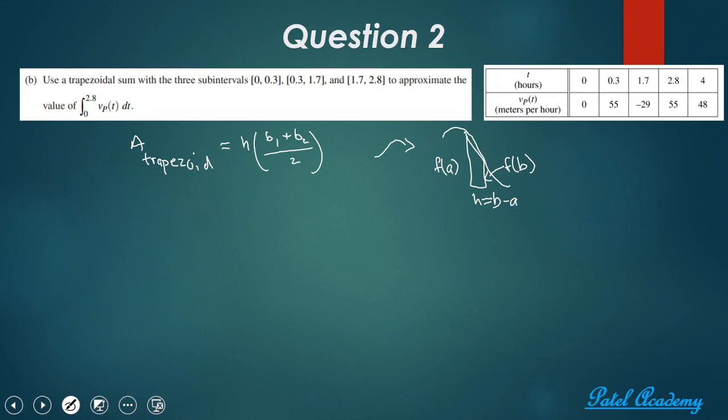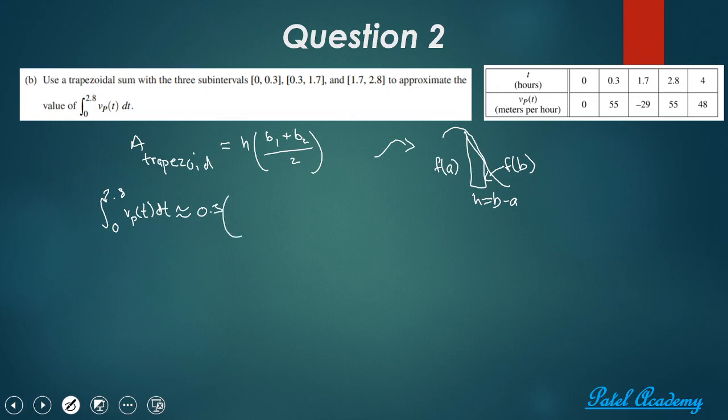And so we basically just have to keep adding up these trapezoids until we reach from the lower bound to the upper bound of the integral. So we can say that the integral from 0 to 2.8 of v sub p at t with respect to time is approximately equal to, not equal to in this case because it's not the limit of the trapezoidal sum. So it's approximately equal to, in this first interval, our b minus a, so our height, is going to be 0.3.